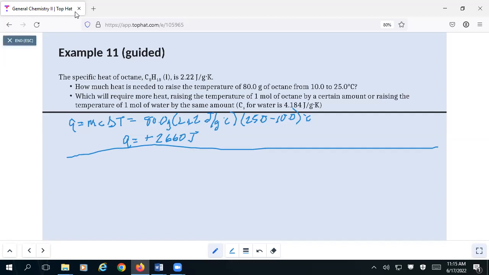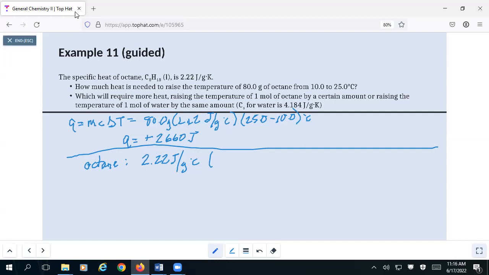So for octane, it's 2.22 joules per gram degree Celsius. Molar mass of octane, 12.01 times 8 plus 1.01 times 18.